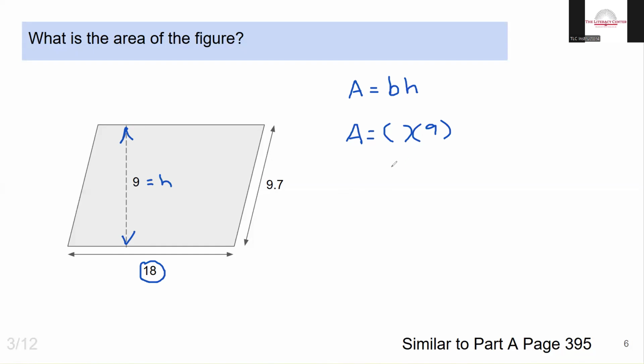So that is going to be 18 times 9. We are ignoring 9.7 because that's not necessary. And 18 times 9 is 162. Hopefully you got that. If not, try it again based on what you might have learned through that explanation.